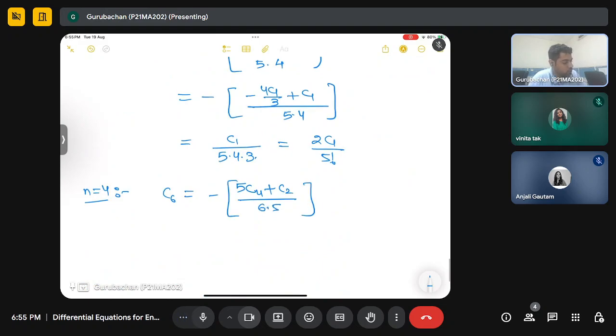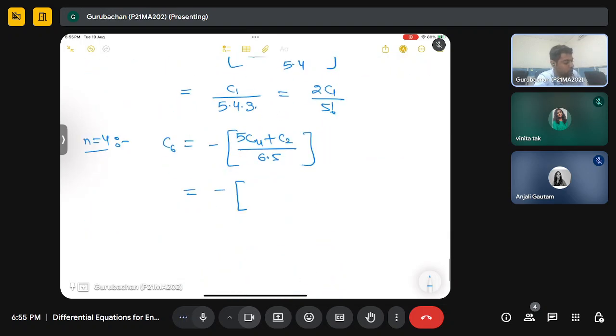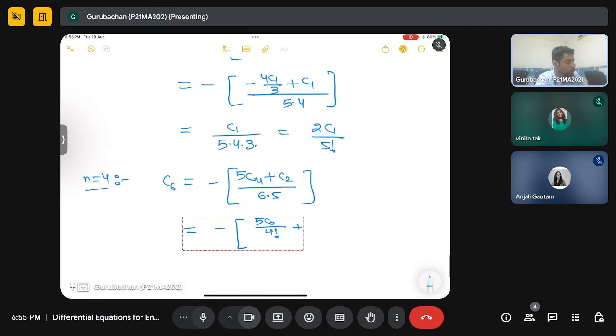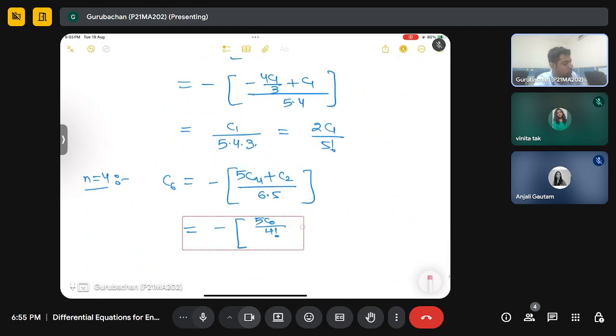Now you have to put the value of C4 and C2. What is the value of C4? The value of C4 is C0 by 4 factorial. So 5 C0 by 4 factorial plus the value of C2 is minus C0 by 2. So this will give you minus C0 by 2 divided by 6 into 5.